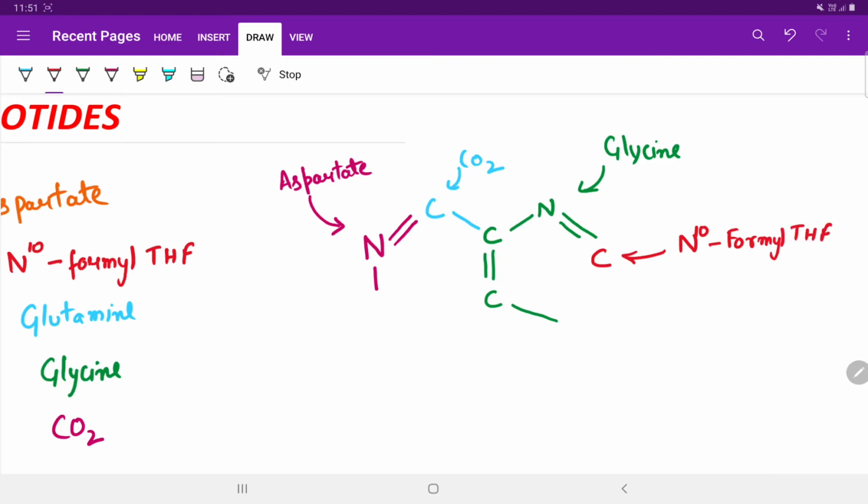And lastly, the glutamine molecule. So these two nitrogens are provided by the glutamine, whereas one carbon fragment here is provided by the THF.